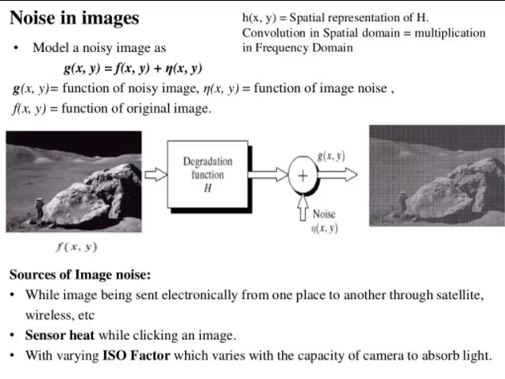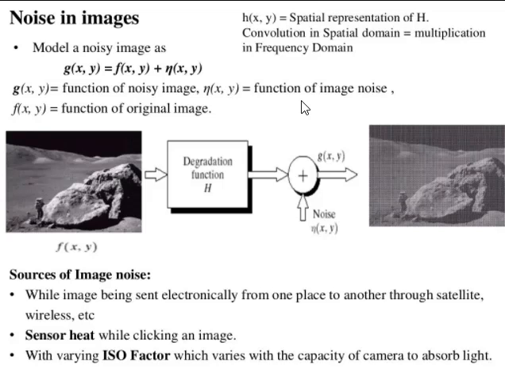Today in this class we are going to discuss image denoising, that means how to remove noise from an image. We have one image f of x comma y, which is the function of the original image, and eta of x comma y is the function of the noise.